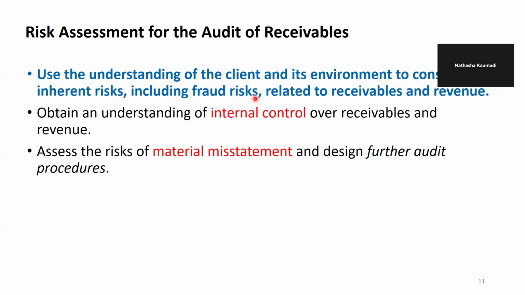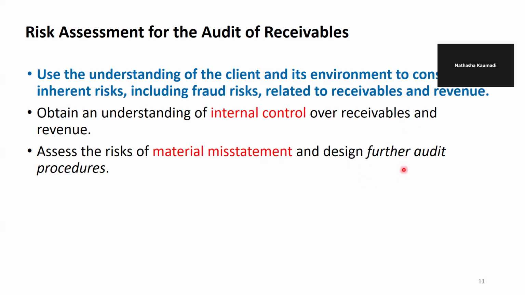And then you need to understand the internal controls placed by the organizations over receivables and revenue, and then assess the risk of material misstatements. What is the risk of material misstatements happening in the revenue and other receivables?